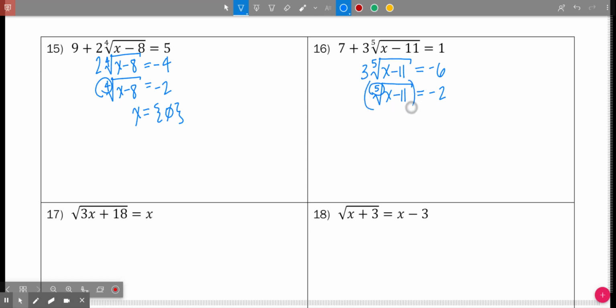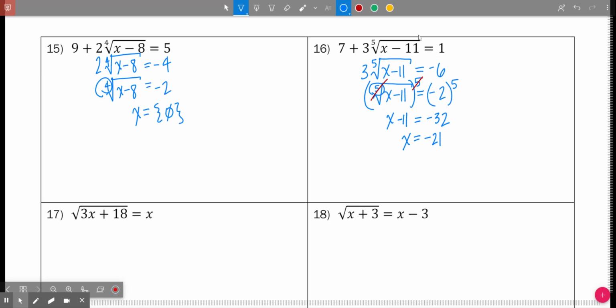So I'm going to raise both sides of my equation to the fifth power. When I take the fifth root raised to the fifth power, it undoes it. And I have x minus 11 equals negative 2 to the fifth power, which is negative 32. I add 11, so x is equal to negative 21.